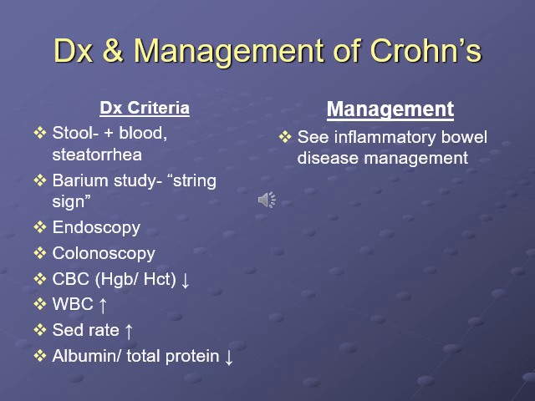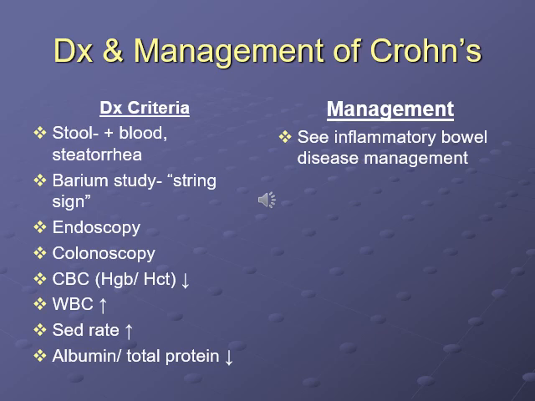Definitely going to look at the complete blood count because we're expecting possibly some anemia, so we want to see where they're at with their hemoglobin, even their ferritin and folic acid. White blood cell we would expect to be elevated, as would the erythrocyte sedimentation rate, the SED rate. A normal inflammatory response, especially with exacerbations of Crohn's disease, would show elevation in white count and in the SED rate.